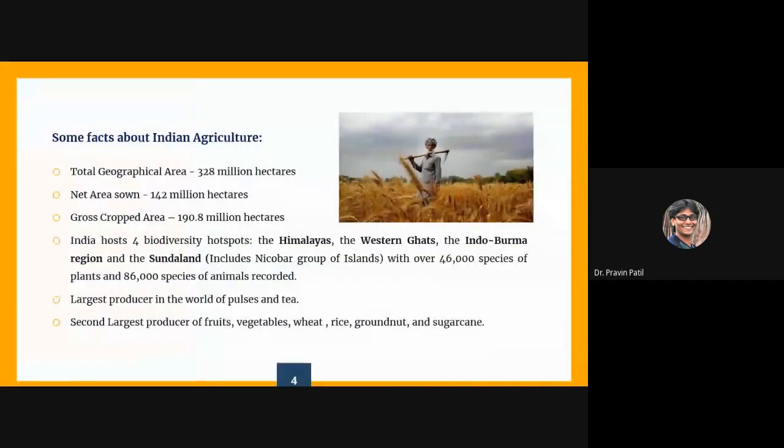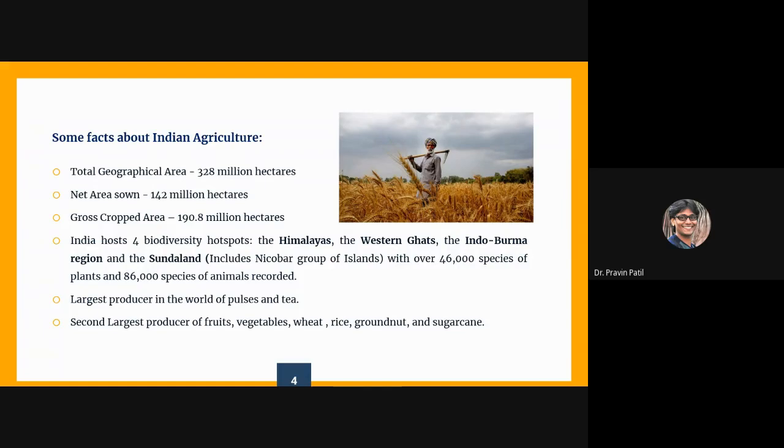Let me share with you some facts about Indian agriculture. We have almost 328 million hectares of geographical area, from which 142 million hectares is sown every year by our farmers, and that is why India is popularly known for its agriculture sector.